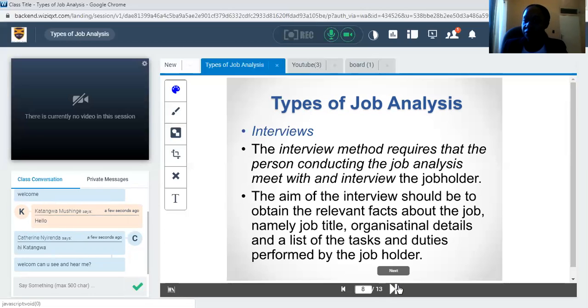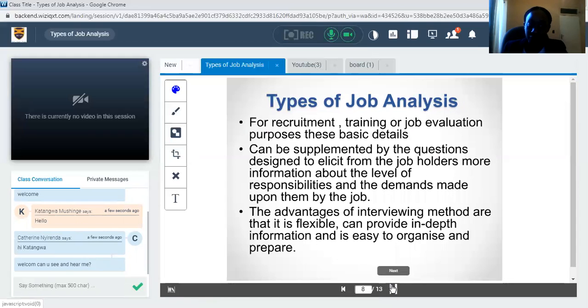The aim of the interview should be to obtain the relevant facts about the job: the job title, the organization details, the list of tasks and duties performed by the job holder, and aspects of recruitment, training, or job evaluation purposes.